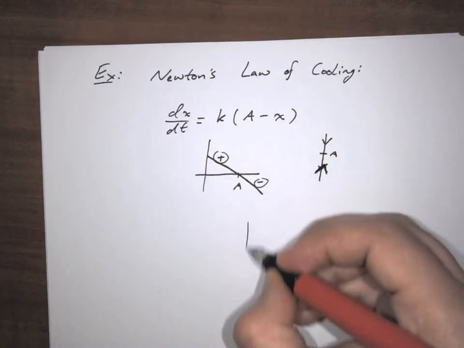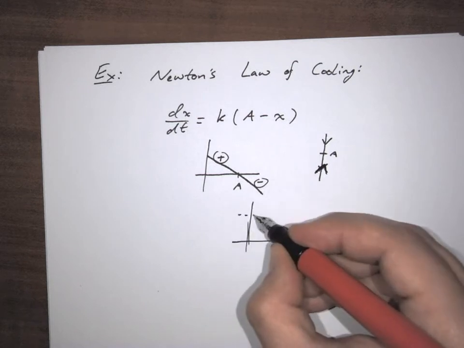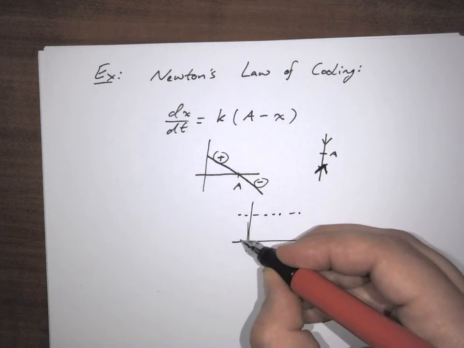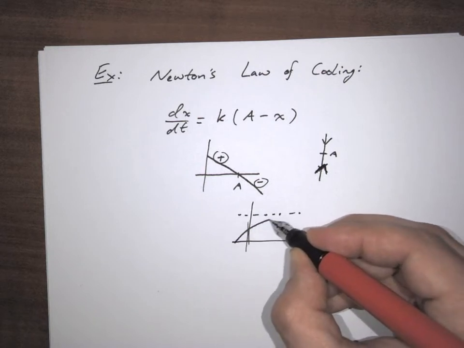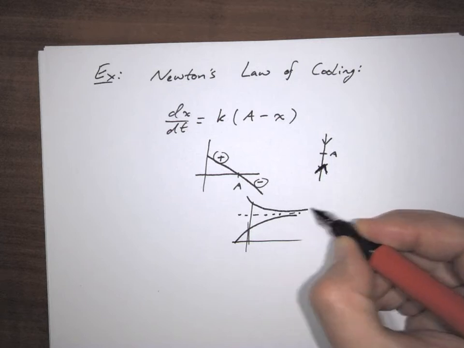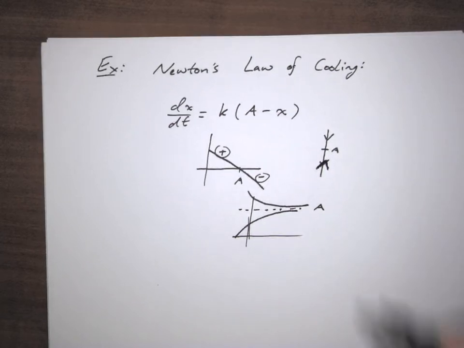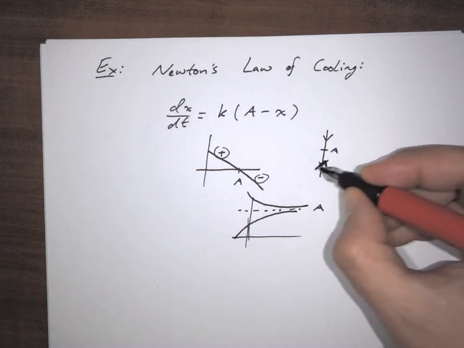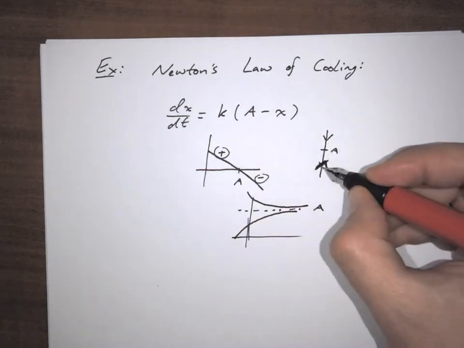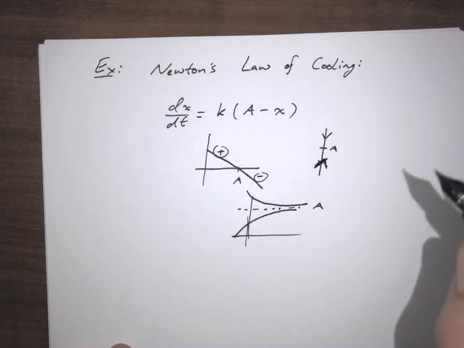So then all curves are going to be going like so, where this is A. We've got everything below pointing upward, everything after pointing downward.